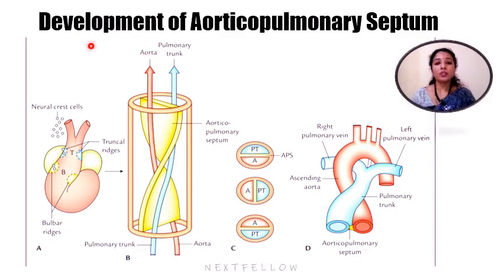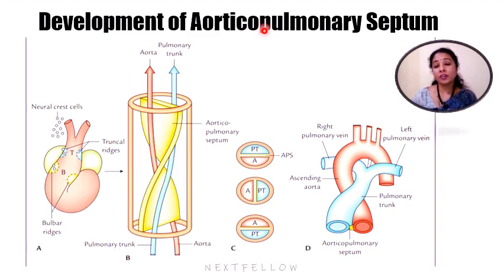Next, about the development of aorticopulmonary septum, how the aorta and pulmonary trunks are separated. It is separated by a septum which is spirally twisted, so it is called the spiral septum. So the partition of truncus arteriosus and bulbus cordis, that septum is called the aorticopulmonary septum, which develops from truncal ridges and bulbar ridges derived from the neural crest cells of mesenchyme.